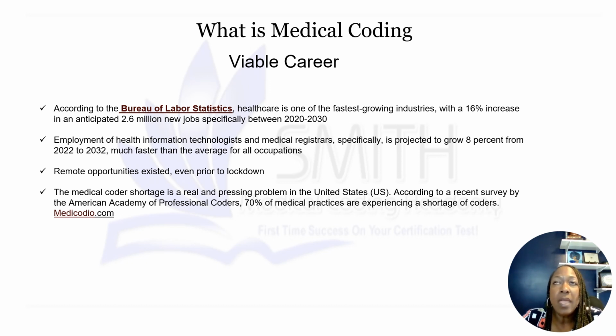And as you know, healthcare doesn't often feel the economic fluctuations of layoffs and risks like other industries do. So it's worth putting in the time and effort to see if this is something that you want to do. Also, there are certifications that you need to prepare yourself to obtain. So you will want to do the research on that as well.